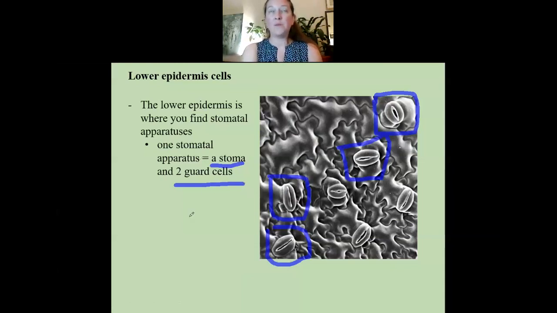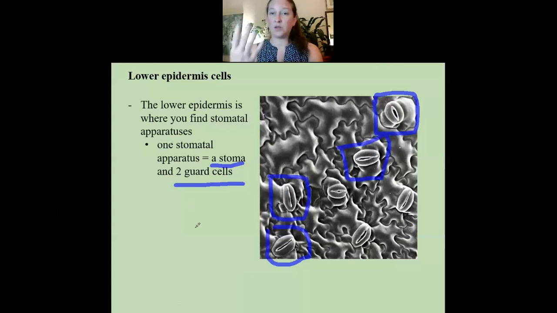So if the plant is well watered and it's not worried about drought or anything, the guard cells will be open and allow water vapor to leave through the hole. However, if the plant is in kind of like a droughty condition and it doesn't want to lose water vapor, the guard cells will close the hole and prevent water vapor from leaving.